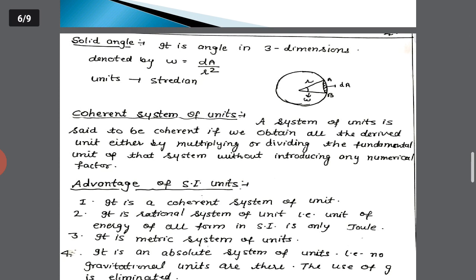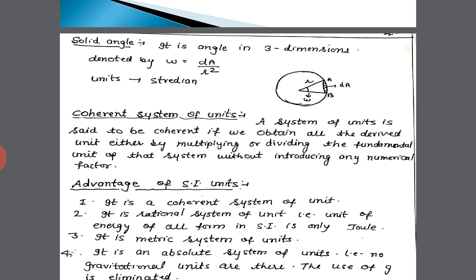Solid angle. It is the angle in 3 dimensions, denoted by omega, equal to dA upon r square. You can again see in the diagram, a circle is given there.